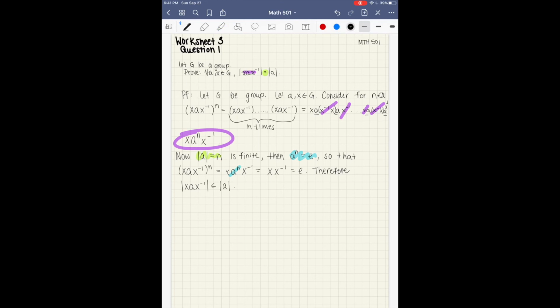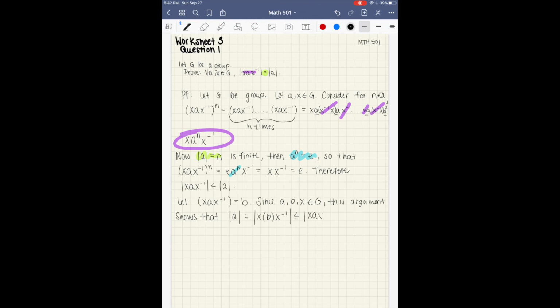Just to save us time, I'm going to declare XA, X inverse to be equal to B. Since A, B, and X are elements of G, the above argument shows that if we took the order of element A, that would be equal to as if we did X, B, X inverse, and that's just adding stuff to the XA, X inverse.